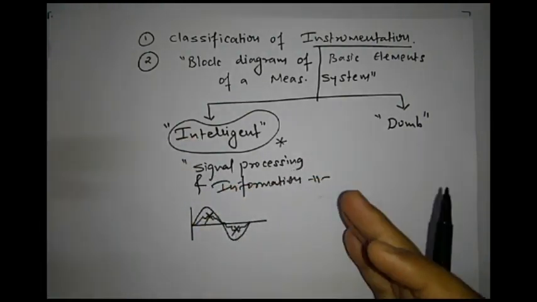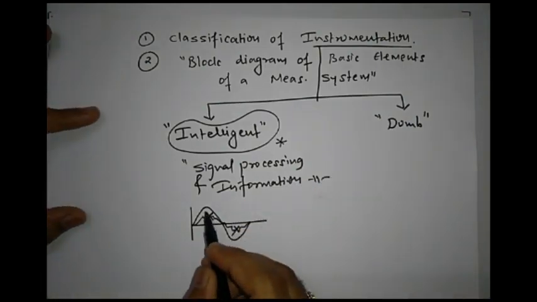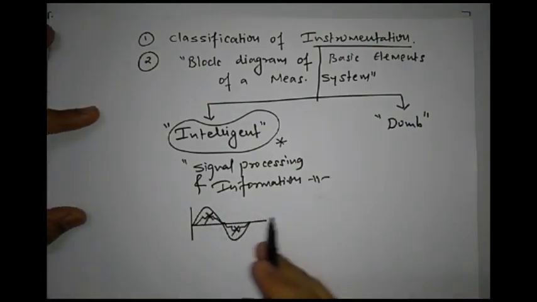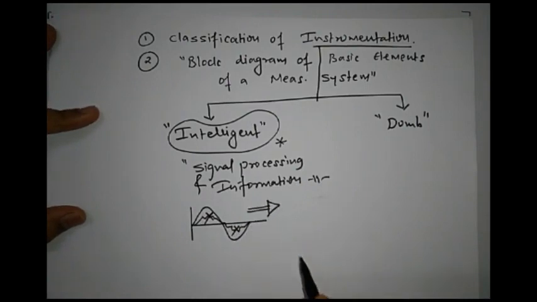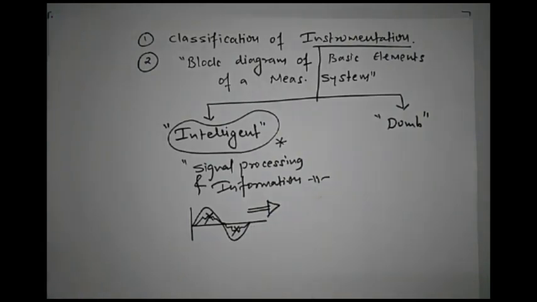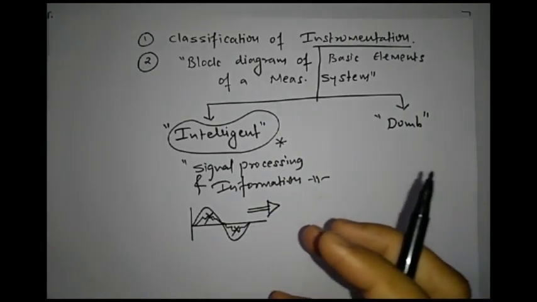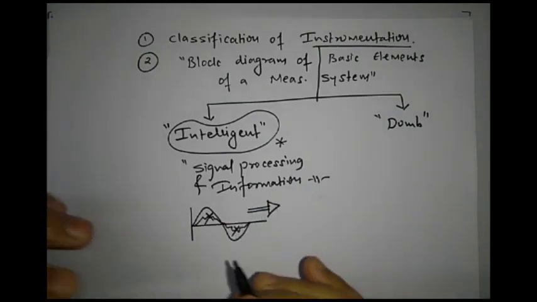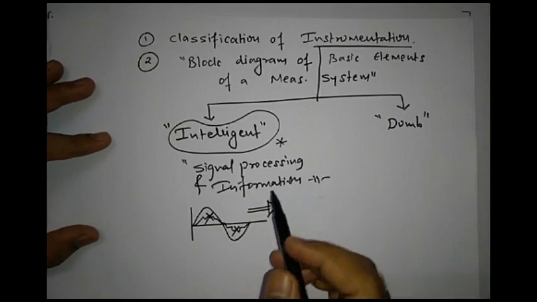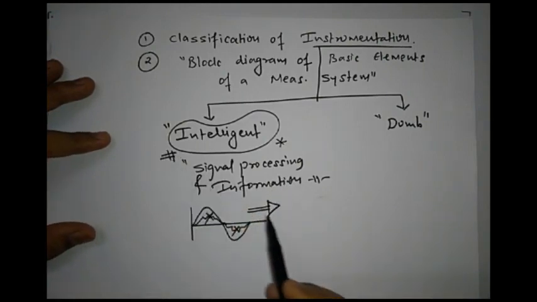The system is intelligent itself, it will remove all the unwanted signal available in our main file, and it will produce the original signal without any disturbed form. So if our instrumentation system is capable of doing all this work by itself, then we can say that it is intelligent.